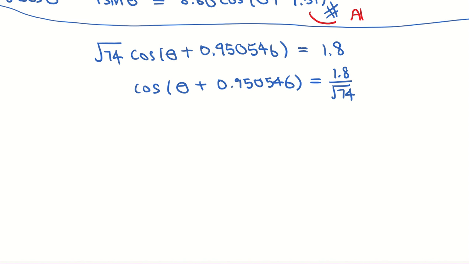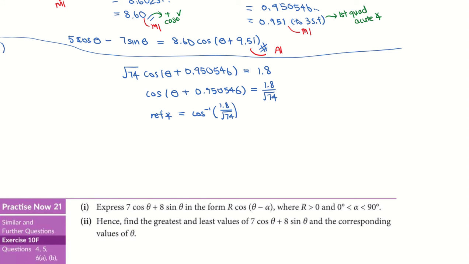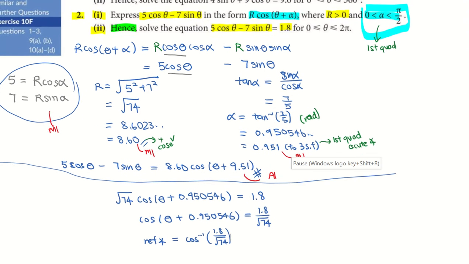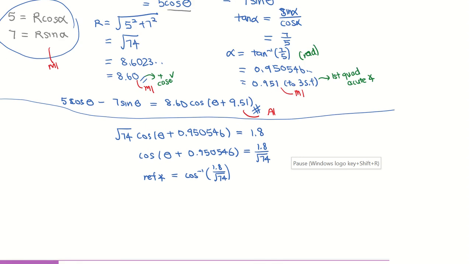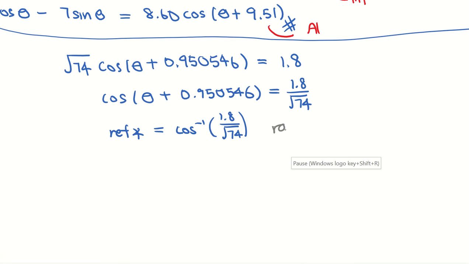Find the inverse by finding the reference angle, cosine inverse of that. Whenever you find an angle, ask yourself degree or radian. It's the same question, the range is 0 to 2 pi. If you're calculating in degree, please change your answer. It's in radian. So let's calculate in radian.